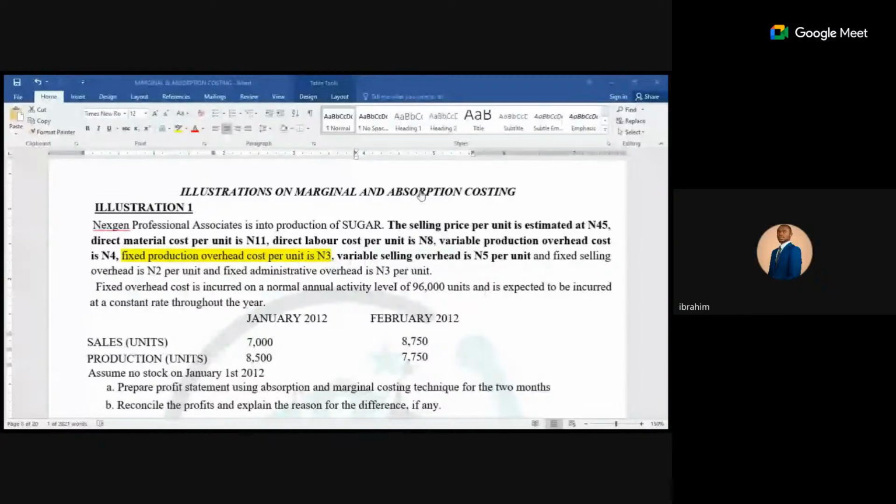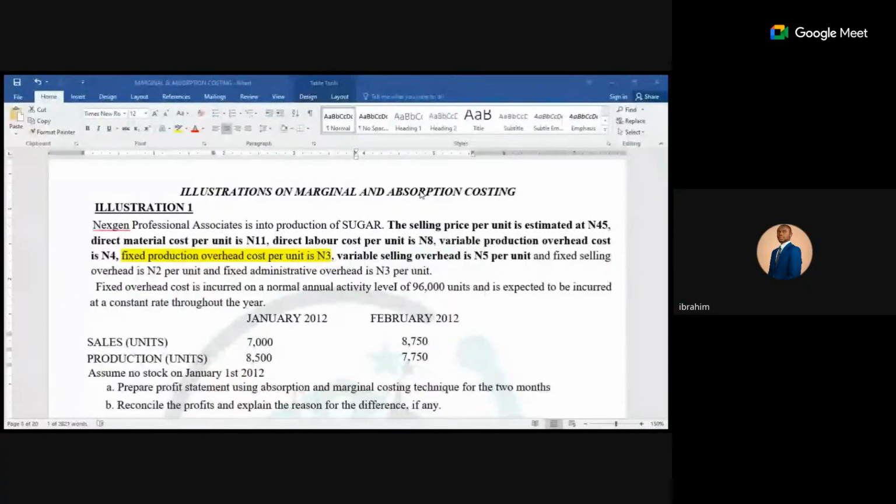So you don't need to bring in budgeted fixed overhead as part of your expenses because you've used it to determine your over and under absorption. What you need in your expenses is your actual fixed overhead expenses, your variable selling, your fixed selling overhead, your fixed administrative overhead, and any other actual fixed overhead.